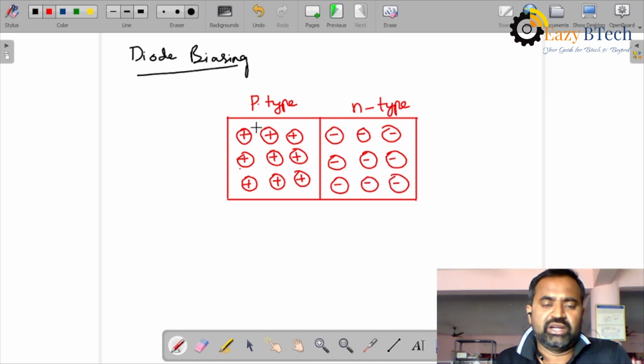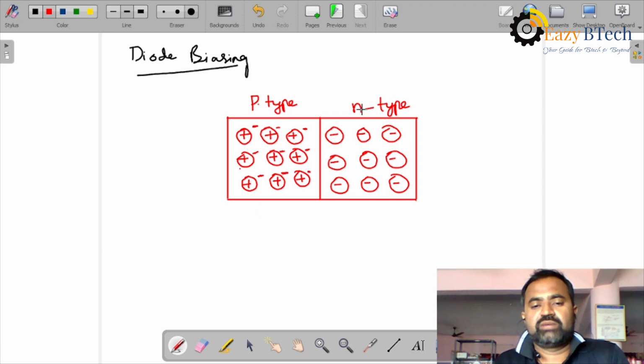Now, in a P-type semiconductor, we have negative acceptor ions. These are negative acceptor ions.